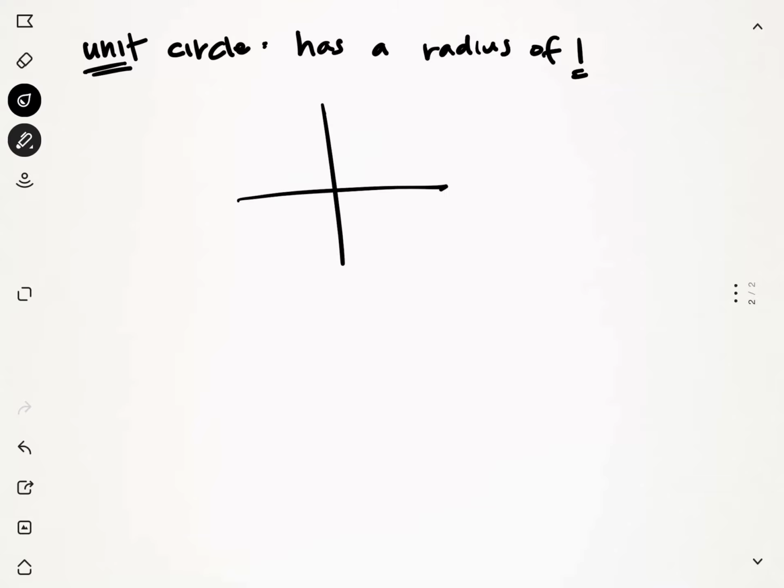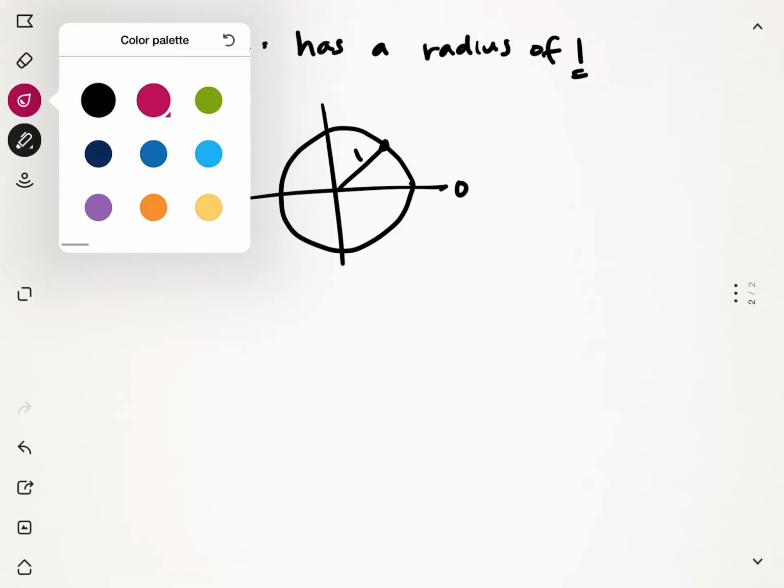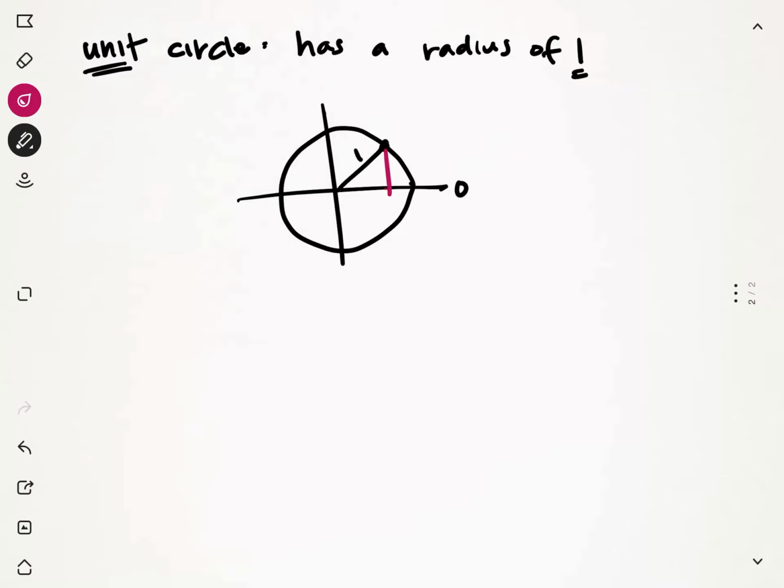Alright, so if we take a look at this circle, all it is if we started standard position, we know that all along this circle, our radius is going to be 1 because the radius won't change. Alright, we can also think about our unit circle as a circle being centered at the origin of a coordinate plane. So this is the y-axis, and this is the x-axis.